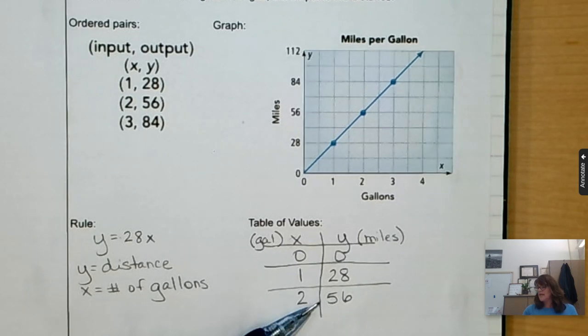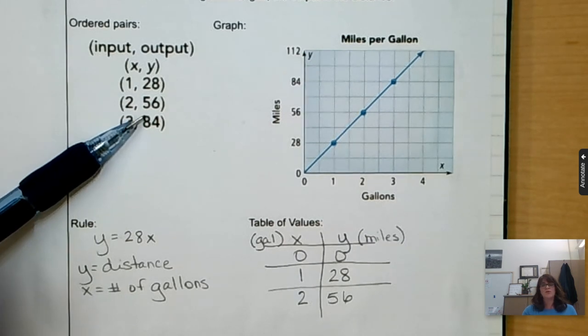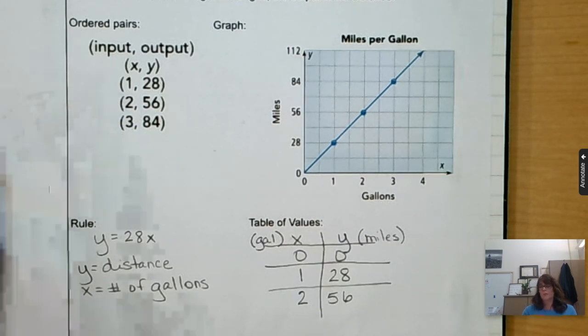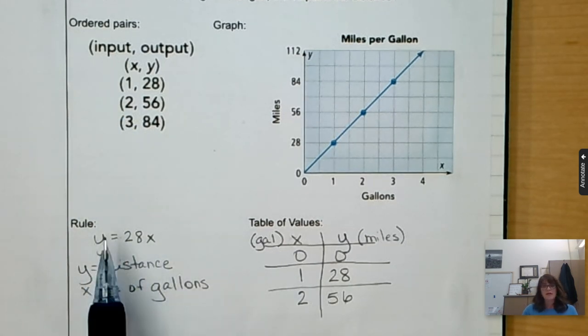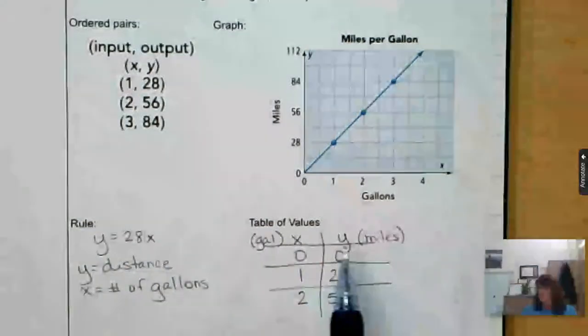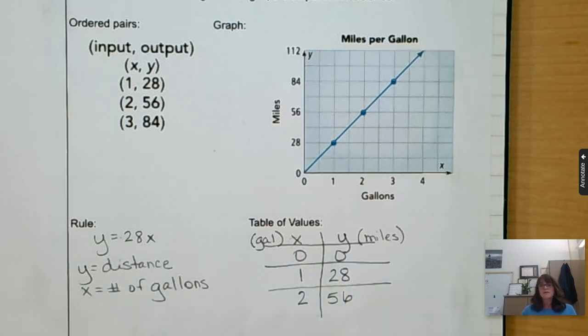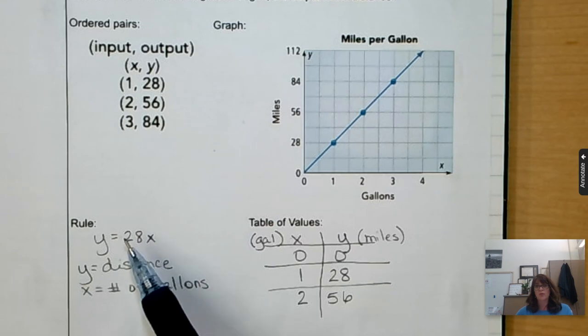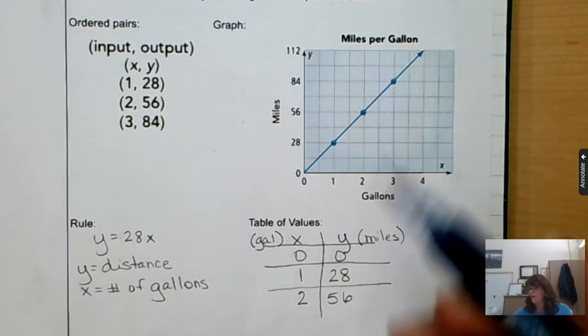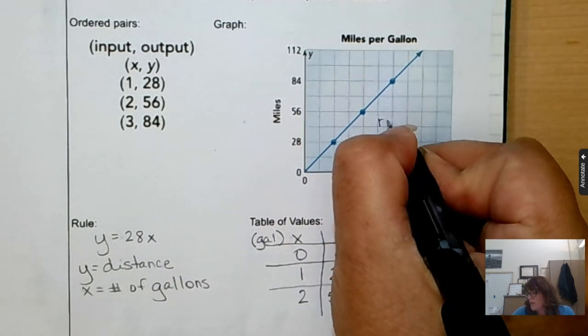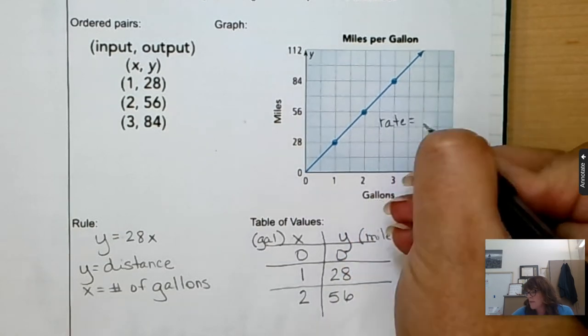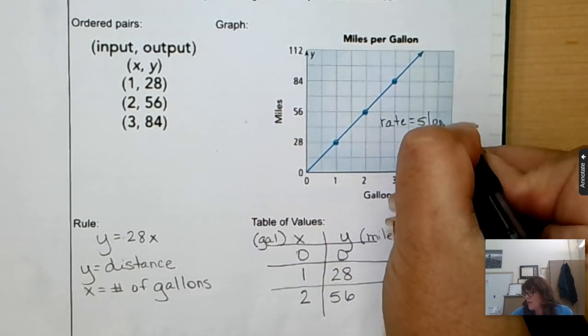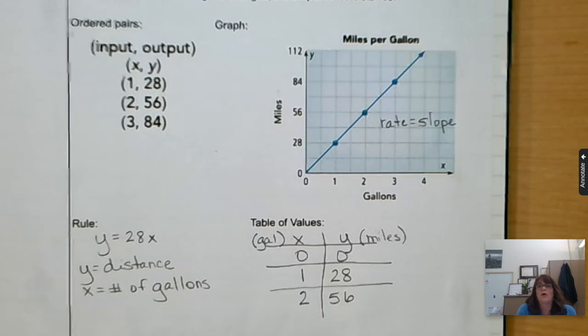Now notice the table and the coordinate pairs look very, very similar. The rule is what tells us how to get from input to output. Sometimes I can figure out the rule from a story. Sometimes I can figure out the rule from a graph, because remember, rate and slope are the same thing.